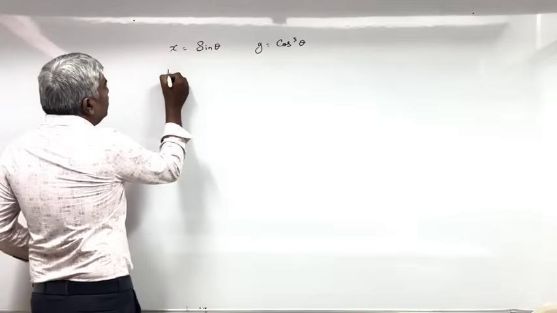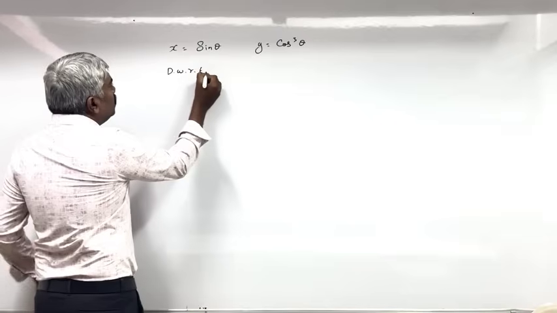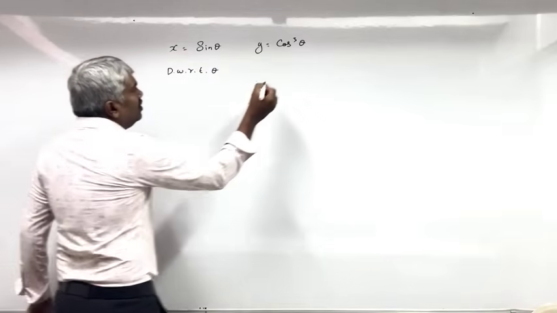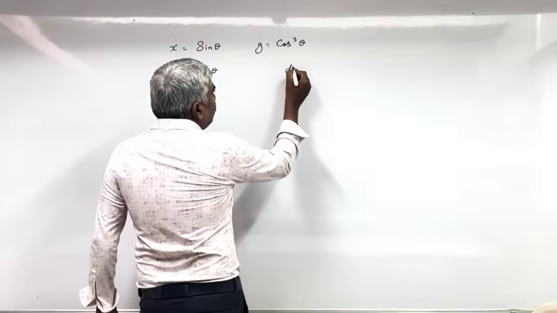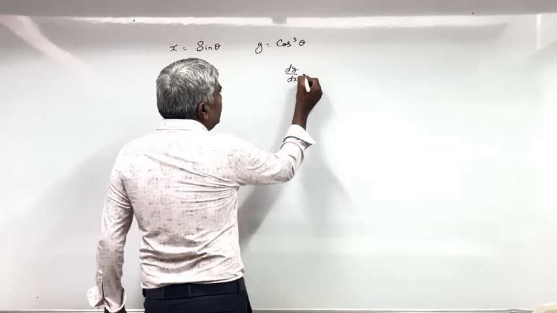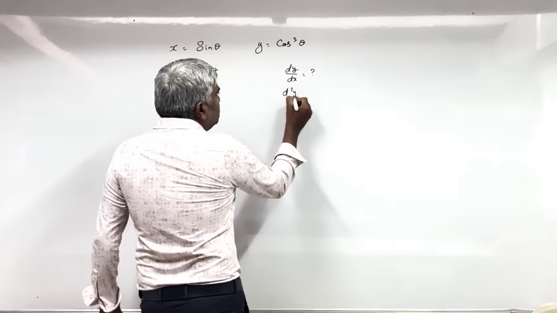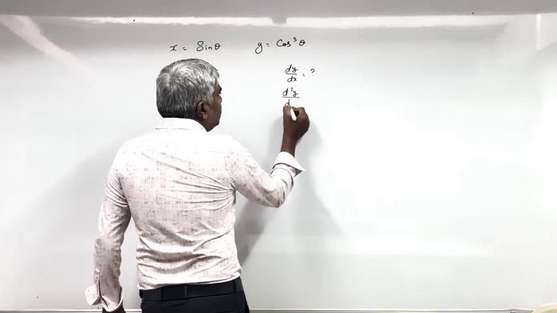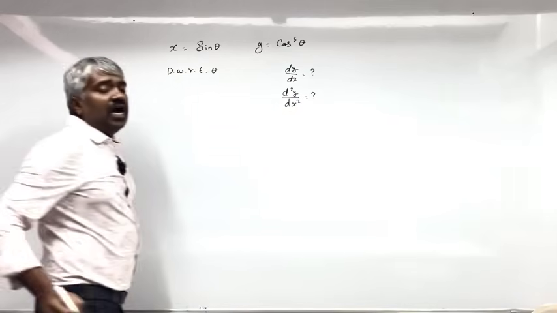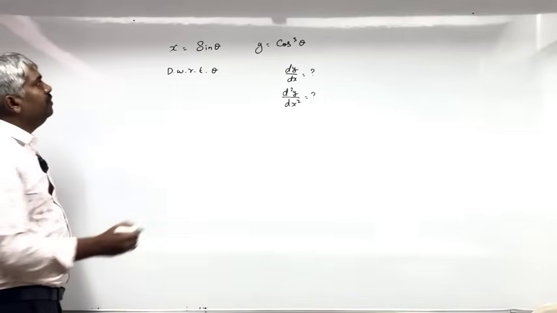So differentiating with respect to theta, now I need to find the term dy by dx, then d square y by dx square. I need to find the answer for these two, right?